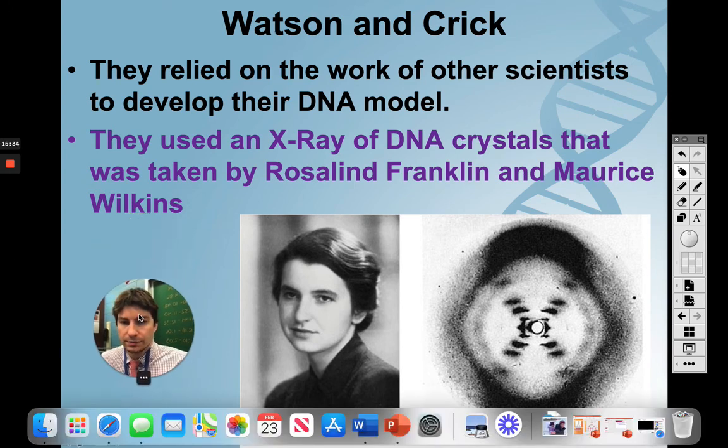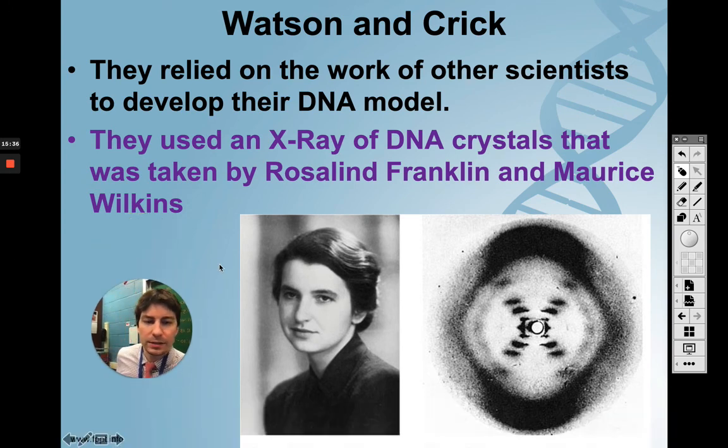This is Rosalind Franklin. Rosalind Franklin was one of the scientists that actually worked with DNA in a lab and did a lot of the research that Watson and Crick used to discover the structure of DNA. What kind of stinks is she did a lot of the work, but she didn't get most of the credit back then.